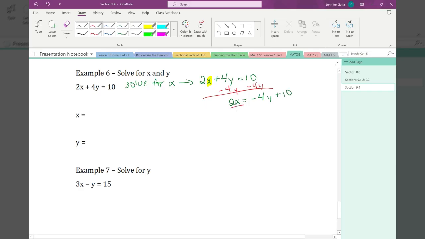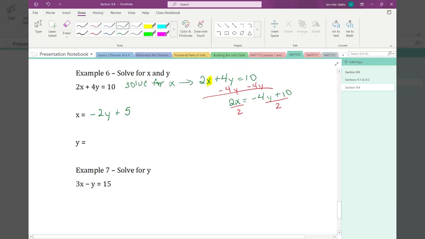And now we can divide everybody by 2. It's important to know that we're dividing everything by 2. So this means that x is actually equal to negative 2y plus 5. You see how I distributed that divided by 2?